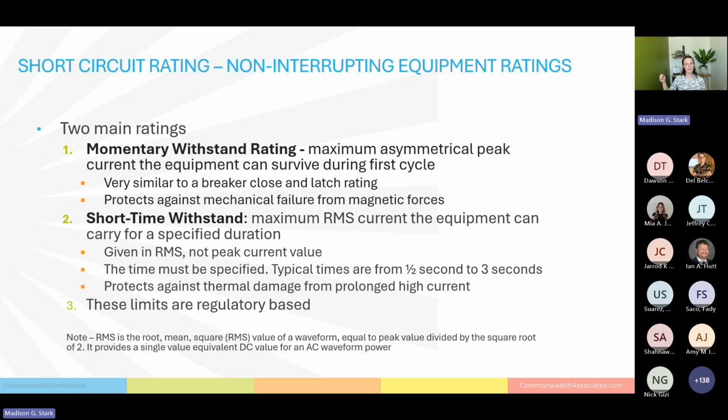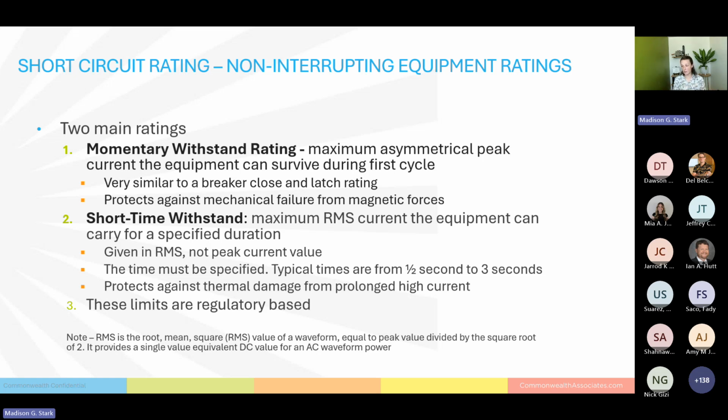When you have that really high first inrush current, that current causes magnetic fields. The equipment is generally made out of metal, so when you have a really high magnetic field forming from this inrush current, it can physically bend the metal of the equipment.